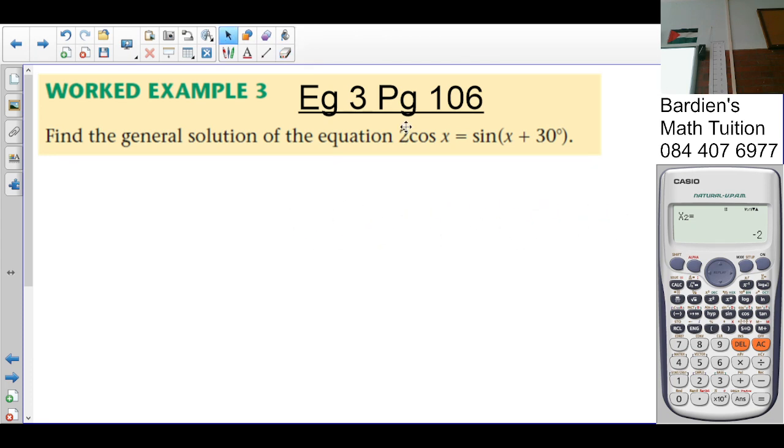So what's going to happen here? Expand sine, not so? Let's see what you get.